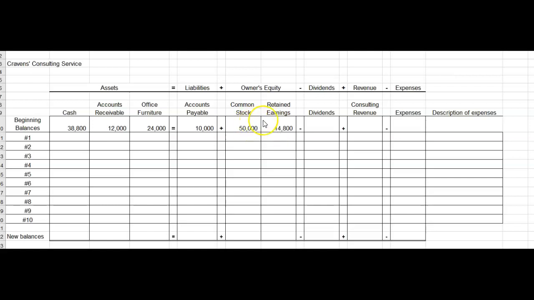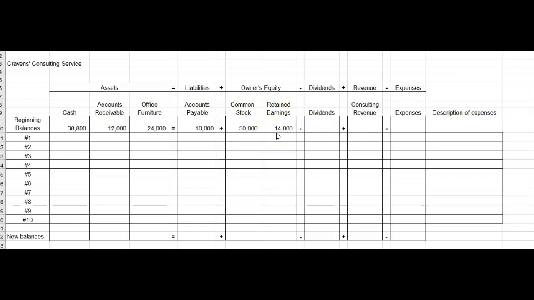The two equity accounts combined equal $64,800. So at January 1st, the owner's equity of the company totals $64,800.